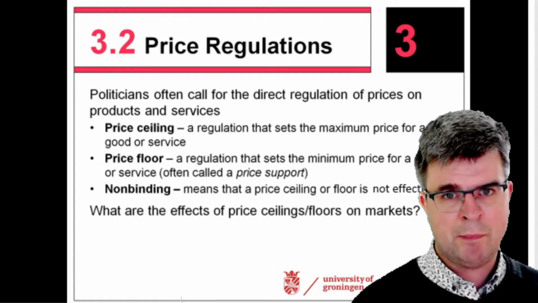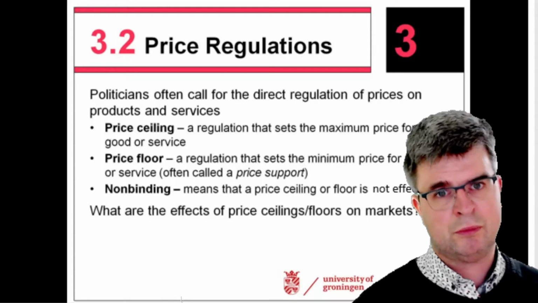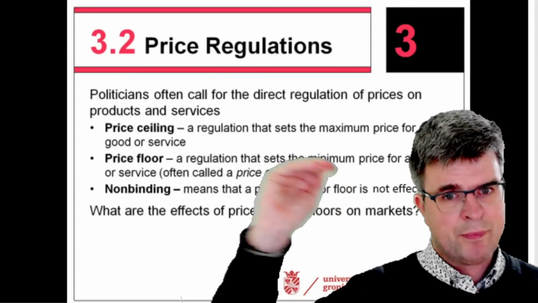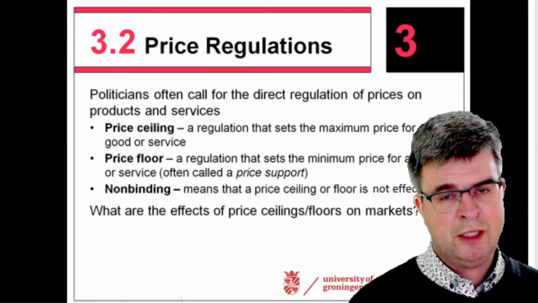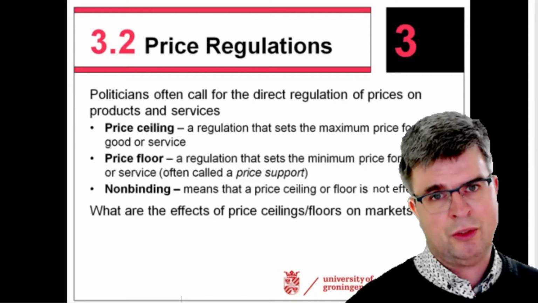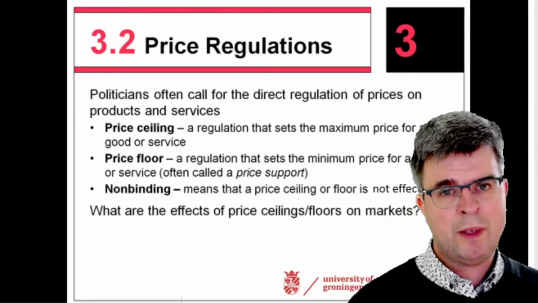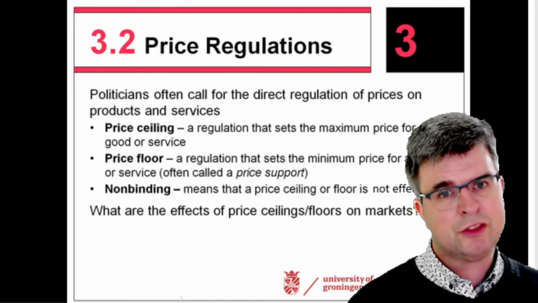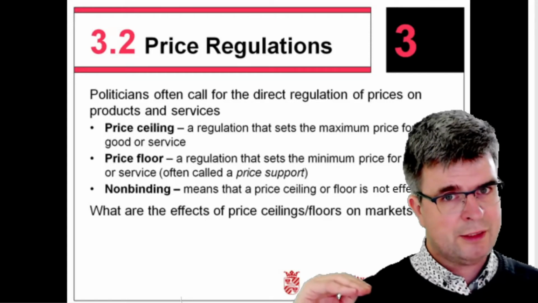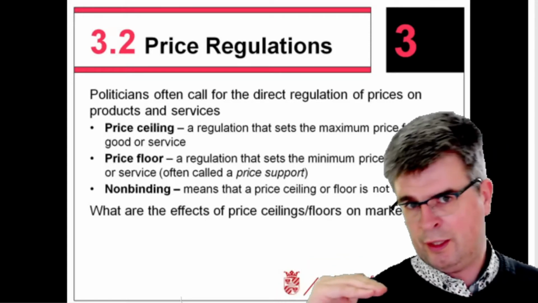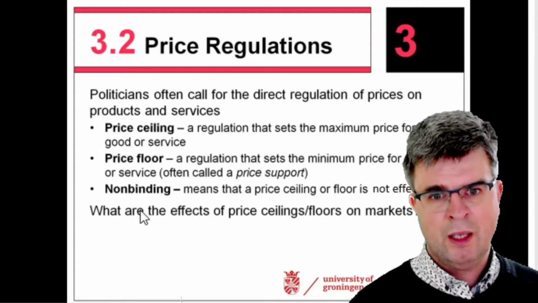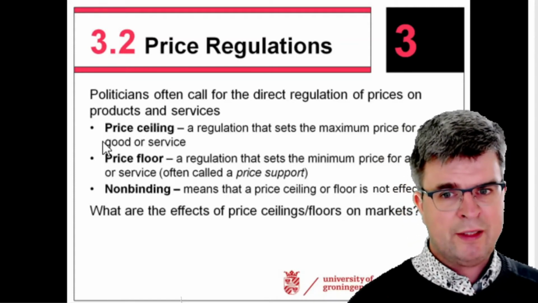They may impose a price ceiling, saying, okay, it's forbidden that the price in this market is higher than a certain level. They also may ensure a price floor, saying, okay, the price in this market cannot go lower than this amount. But they're only effective if they're binding.